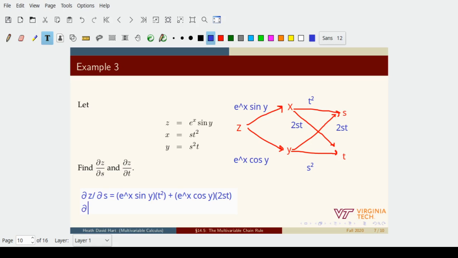And then if we wanted the derivative of z with respect to t, that's the derivative of z with respect to x times the derivative of x with respect to t, plus the derivative of z with respect to y times the derivative of y with respect to t.